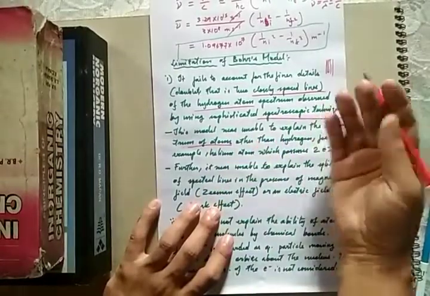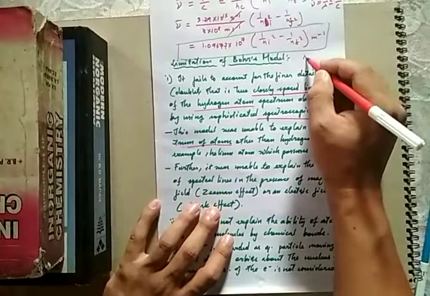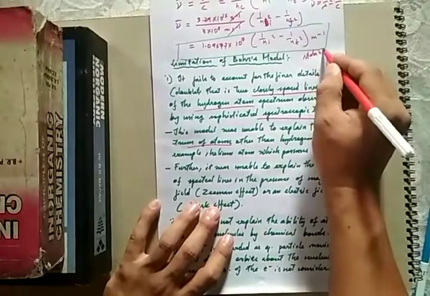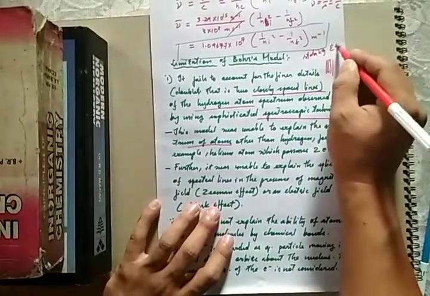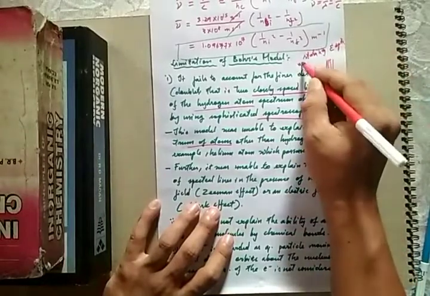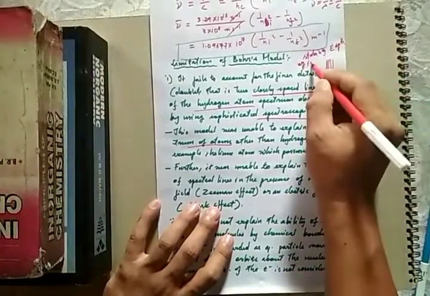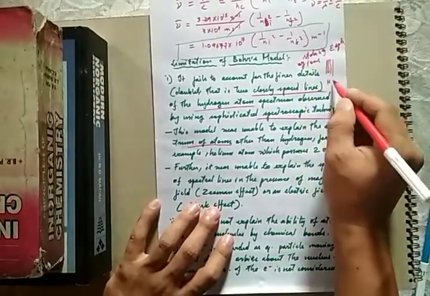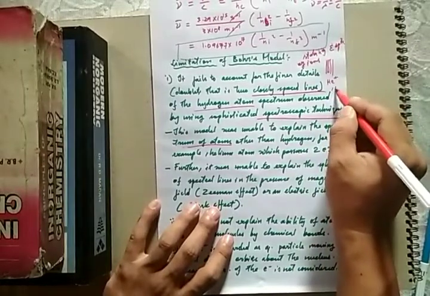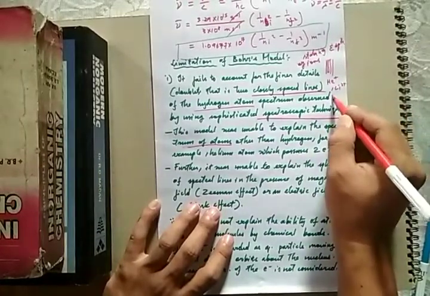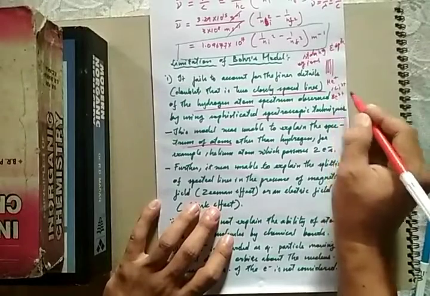However, this model was able to explain the stability and spectral lines of hydrogen-like ions such as He plus, Li2 plus, Be3 plus.